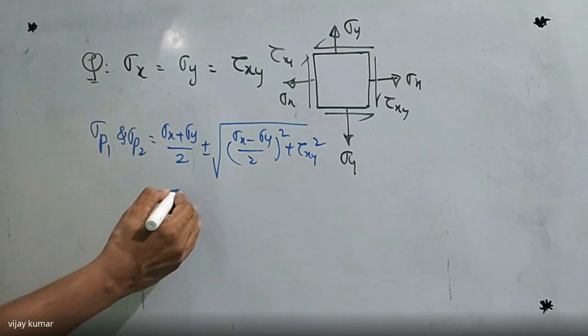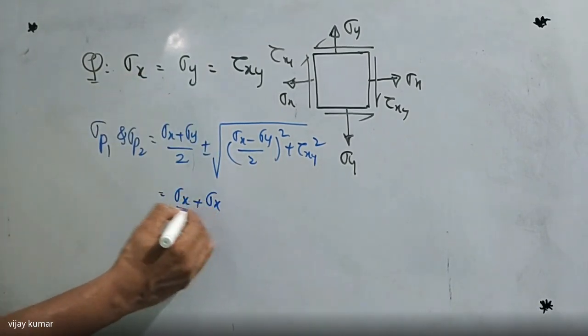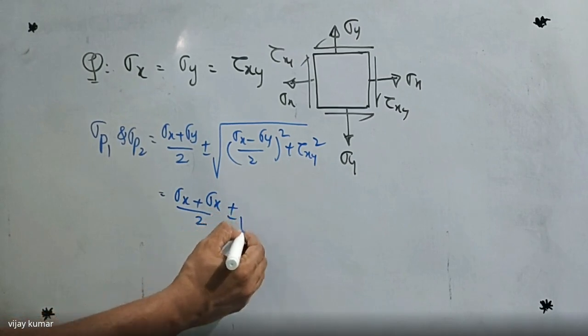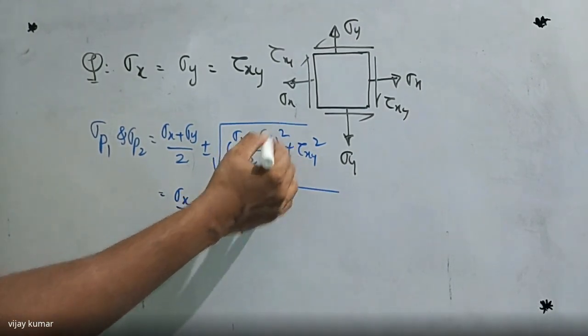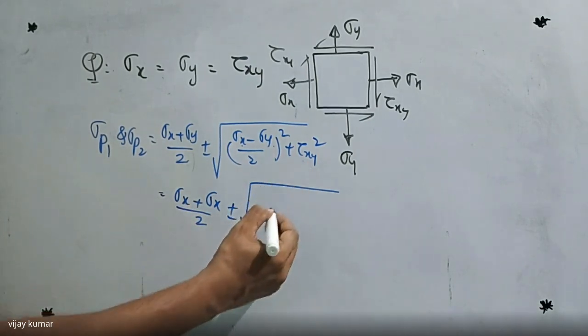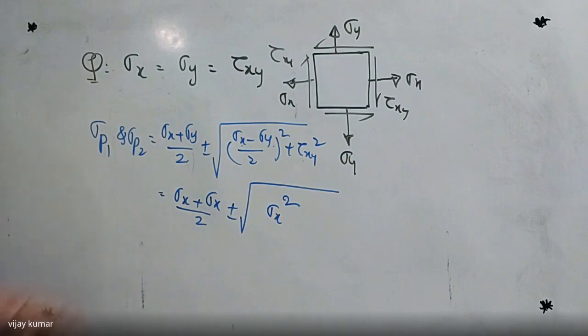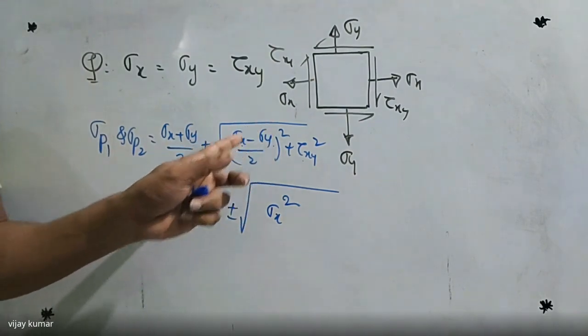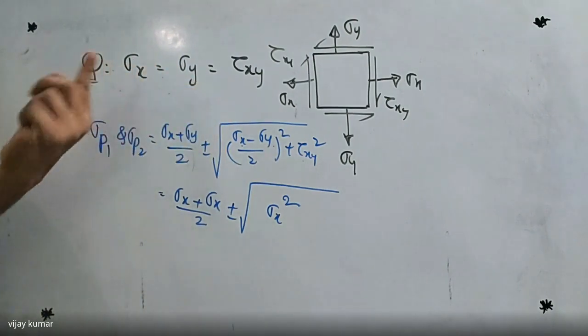So here sigma x plus sigma y is equal to sigma x divided by 2 plus or minus square root of. If you substitute sigma x, both are cancelled here. So tau xy is also equal to sigma x. Why? Because sigma x, sigma y both are same here, both are cancelled to each other. Then here tau xy I am taking is also equal to sigma x.